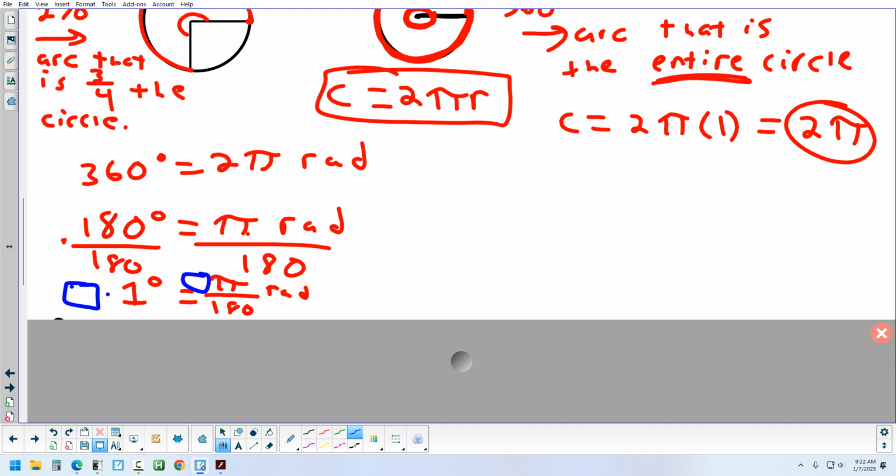Times each side by 5. Now the left side is 5 degrees, and the right side is in radians, 5 pi over 180. It's not important what you put in the blue box. What's important is what you do to the number in the blue box. You're multiplying it by pi, and you're dividing it by 180.